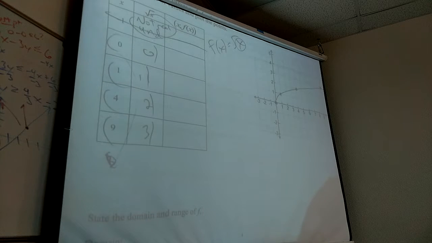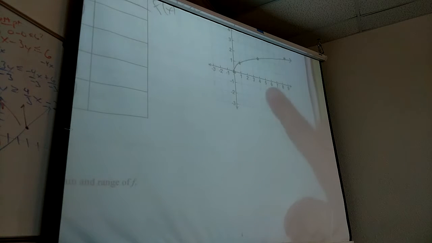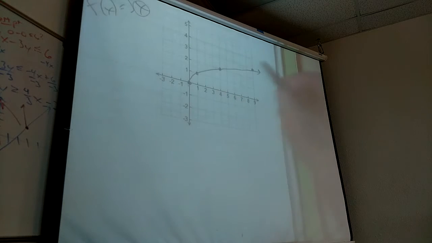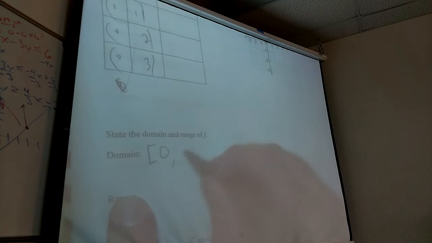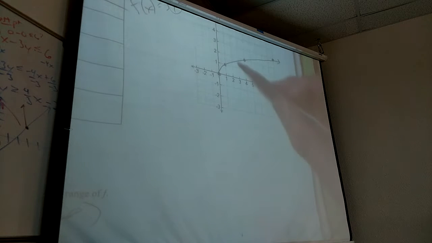Okay. So what's the domain of this function? What does domain mean again? All the x values I'm allowed to use. What's the lowest x value I'm allowed to use? 0. Up to what? Infinity. What's the smallest output that I get? 0.